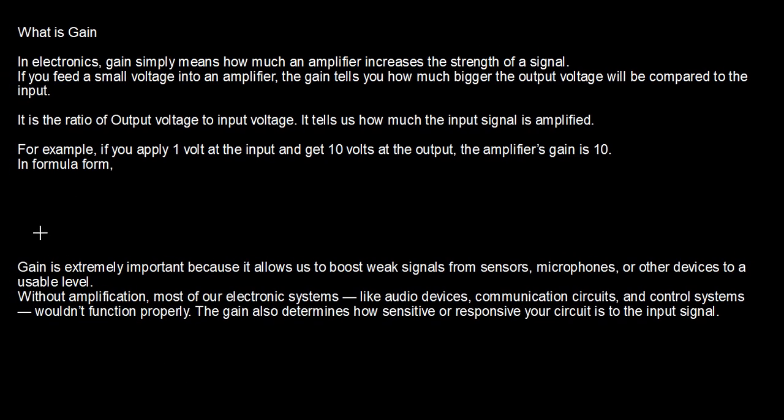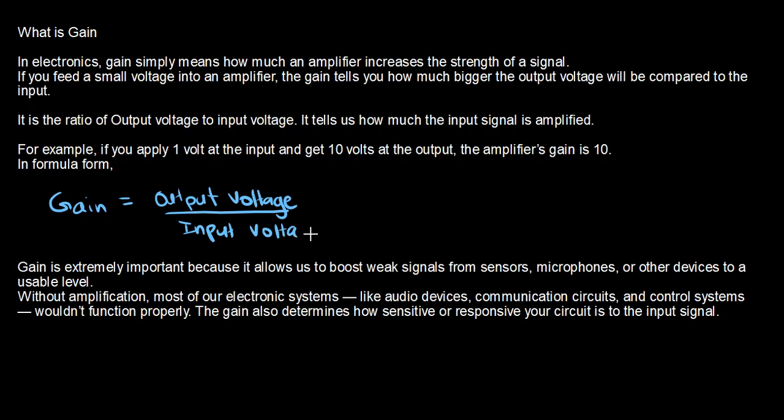So gain can be written as output voltage divided by input voltage. It is the ratio of the output voltage to the input voltage, and it tells us how much the input signal is amplified.